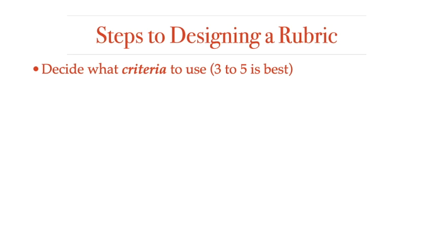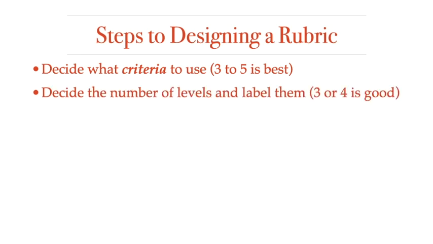More than 5 is difficult to manage when scoring many students. Next, decide the number of levels and label them. 3 or 4 is usually enough. More than 4 is difficult to manage. But more importantly, it becomes difficult to write descriptors that clearly differentiate the levels.